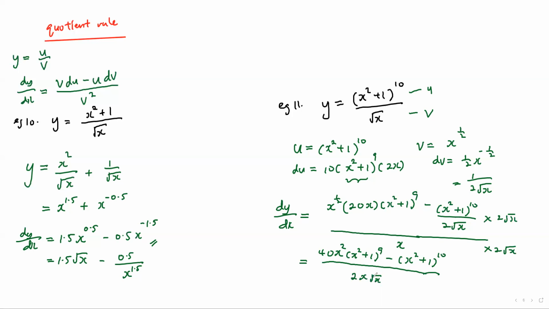Okay, so if you want to combine it, you can write it as x to the power of 1.5. So we can simplify further by factorizing out x squared plus 1 to the power of 9. Okay, so this will be 40x squared minus x squared minus 1 over 2x root x. Okay, so that should be good enough, right? You can simplify 40x squared minus x squared to 39x squared.